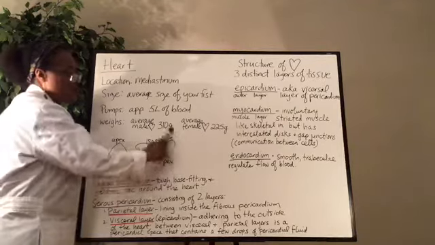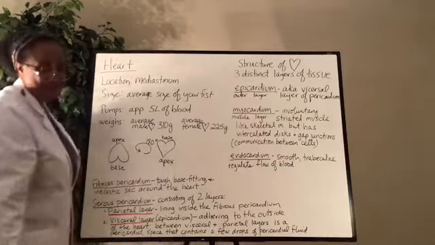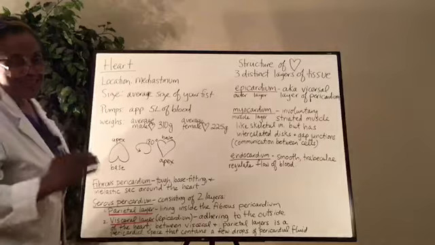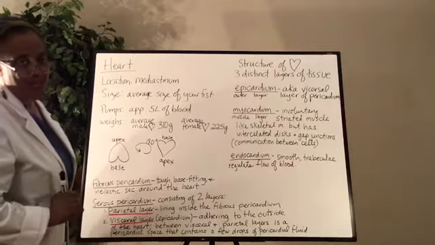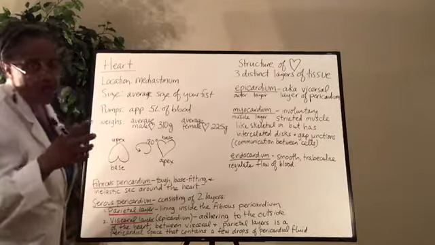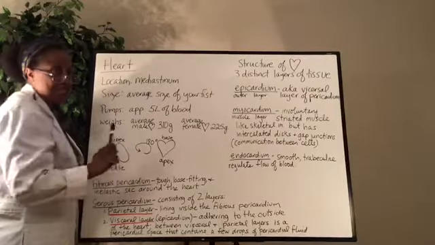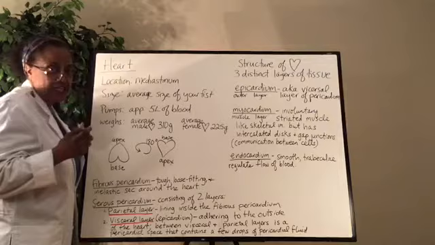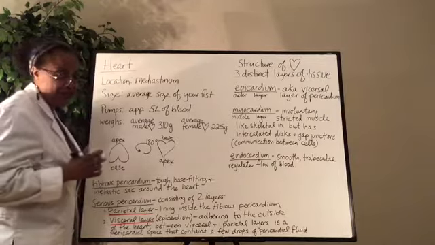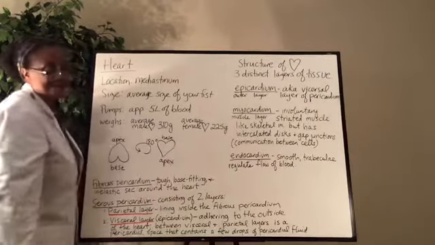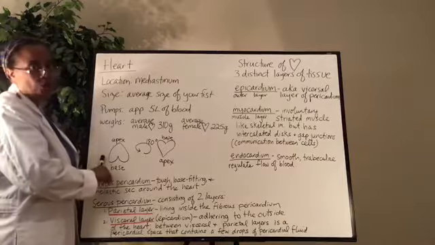But this is the way it is now, and so it's named the opposite. Apex is usually at the top, you know that, and the base is usually at the bottom. But in the heart, they named it too quickly in the embryo stage, and didn't know that it was going to twist 180 degrees and end up like this. But they kept the names as though it didn't flip.